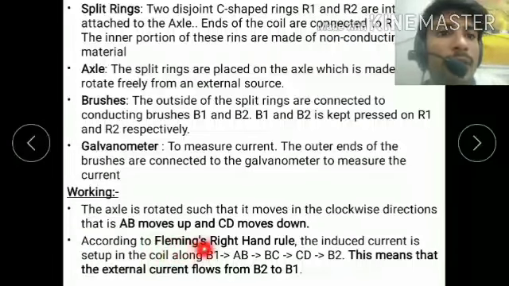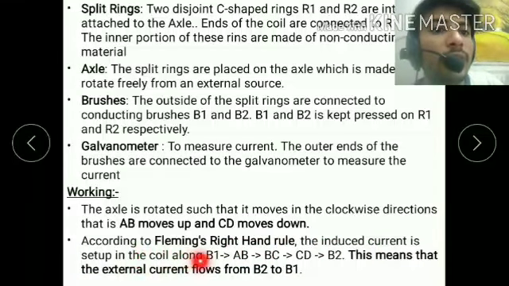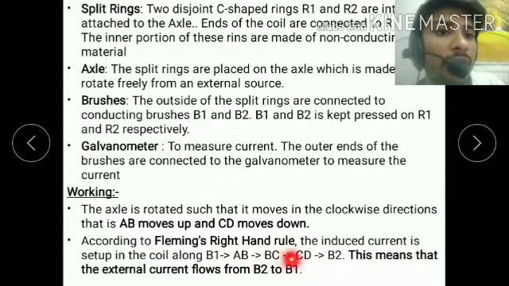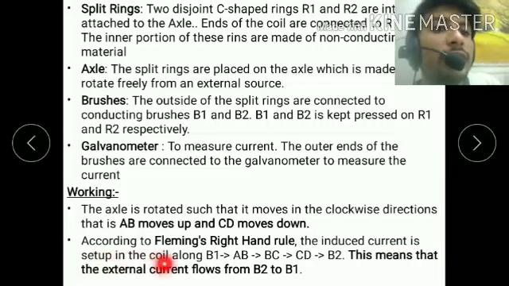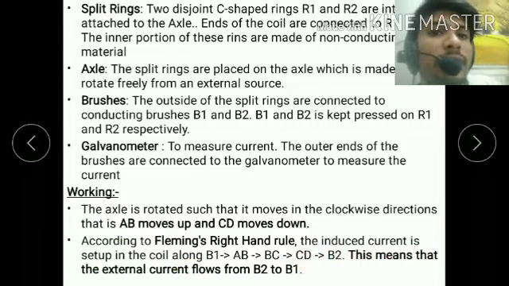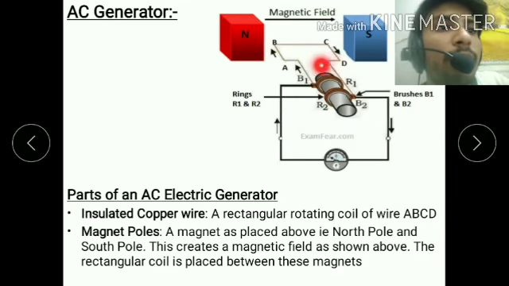According to Fleming's right-hand rule, the induced current is set up in the coil along B1, AB, BC, CD, B2. This means that the external current flows from B2 to B1.